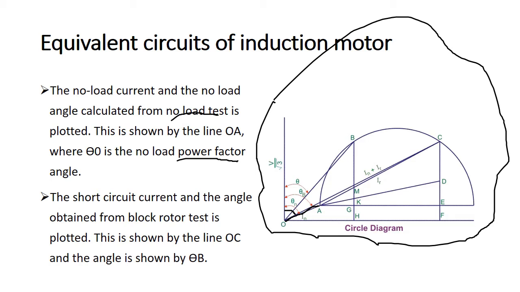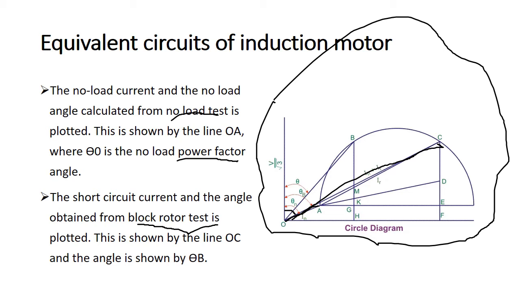Secondly, the short circuit current and the angle obtained from the blocked rotor tests are also plotted. These are shown by the line OC and the angle theta B. The line OC is the short circuit current, and it should be larger than the no-load current.